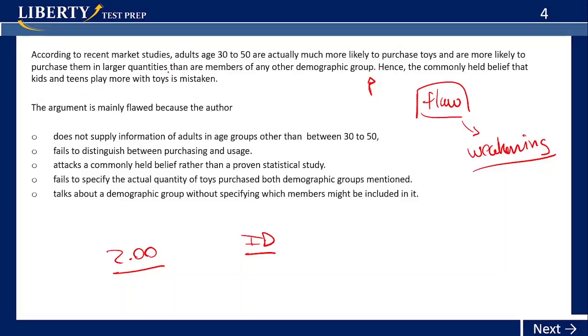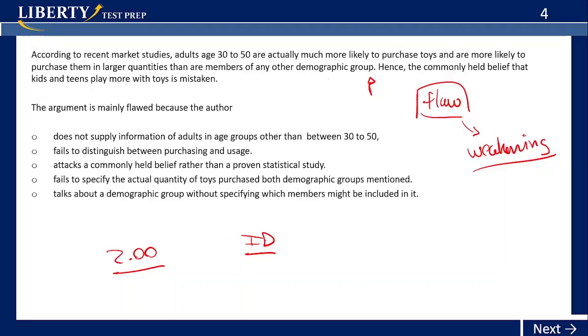According to a recent market study, adults aged 30 to 50 are actually more likely to purchase toys and are more likely to purchase them in larger quantities than are members of any other demographic group. Hence, the commonly held belief that kids and teens play more with toys is mistaken.